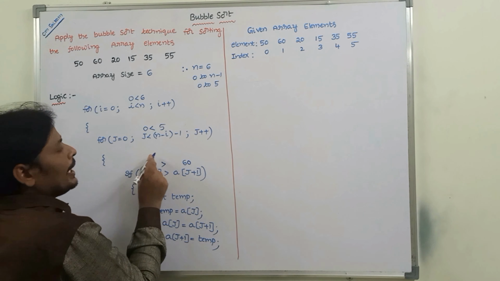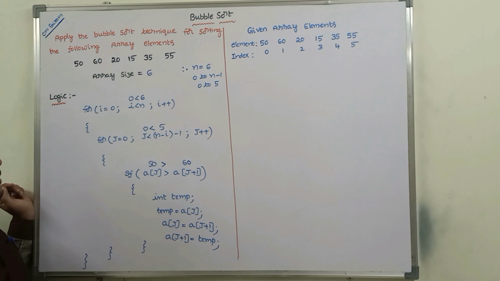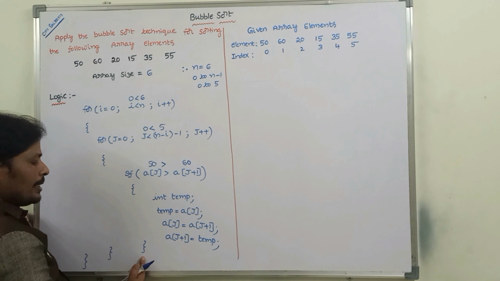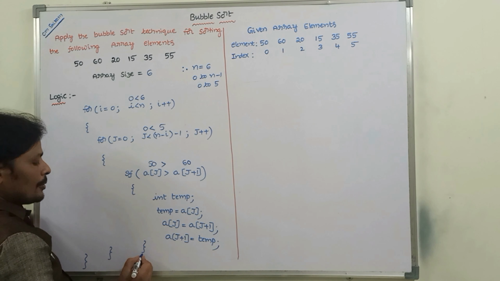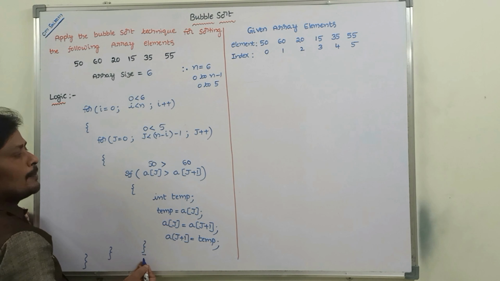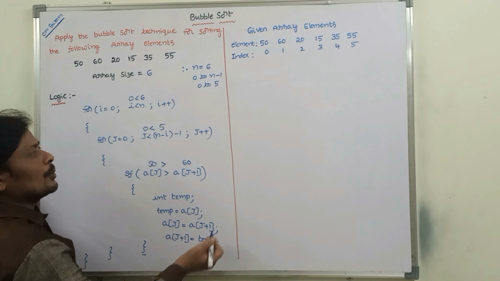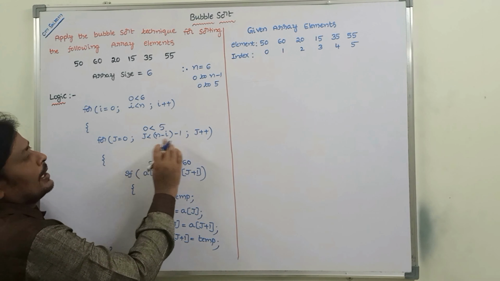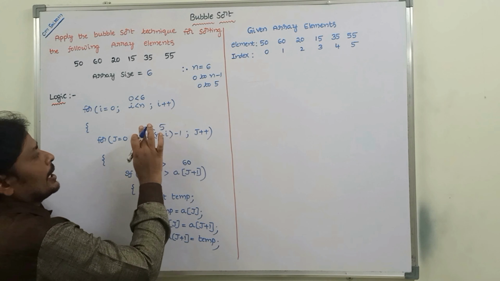So 50 greater than 60, condition false. The control goes to the next statement after the if block. There are no statements after the if block, so the control goes again to the inner for loop, and the j value is incremented.